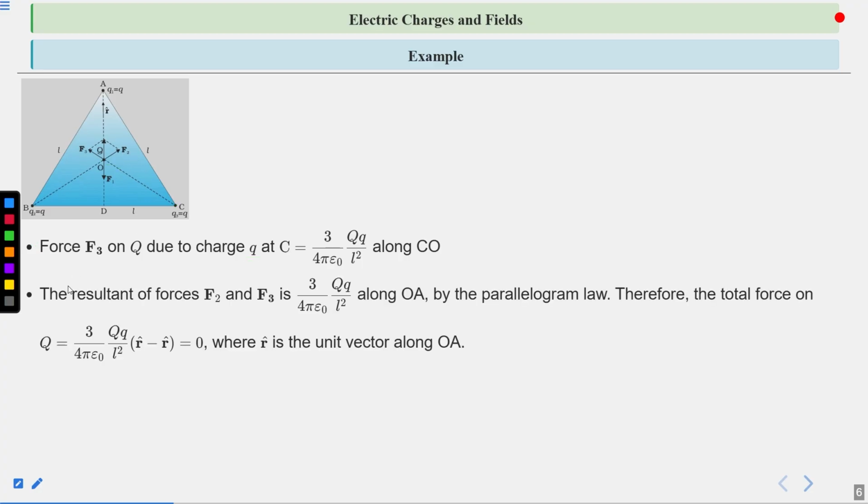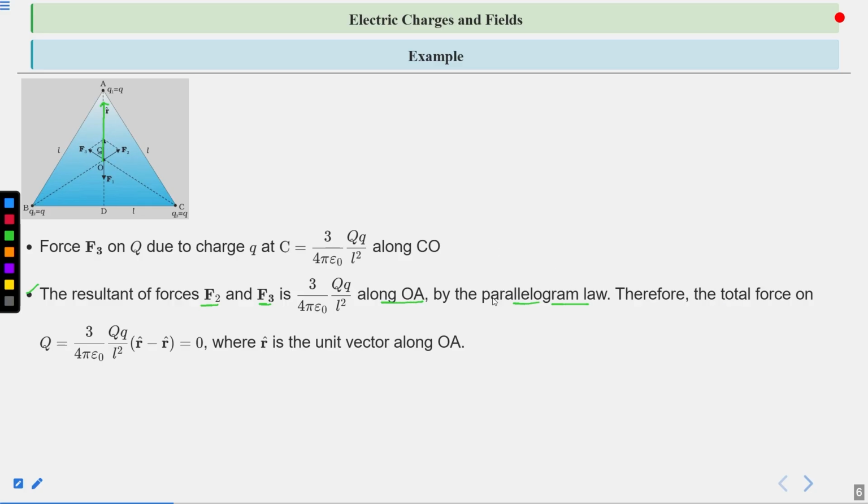Now what will be the resultant force according to the principle of superposition? The resultant of forces F2 and F3 is 3 divided by 4 pi epsilon naught, Qq divided by L square along OA. So the net resultant force acts along OA by the parallelogram law.